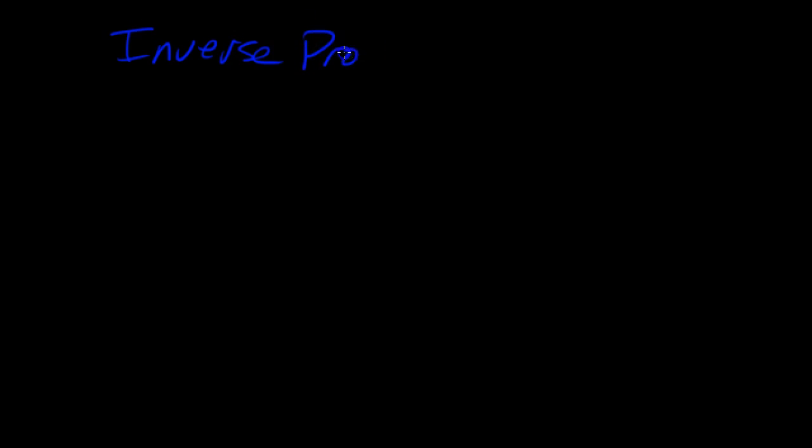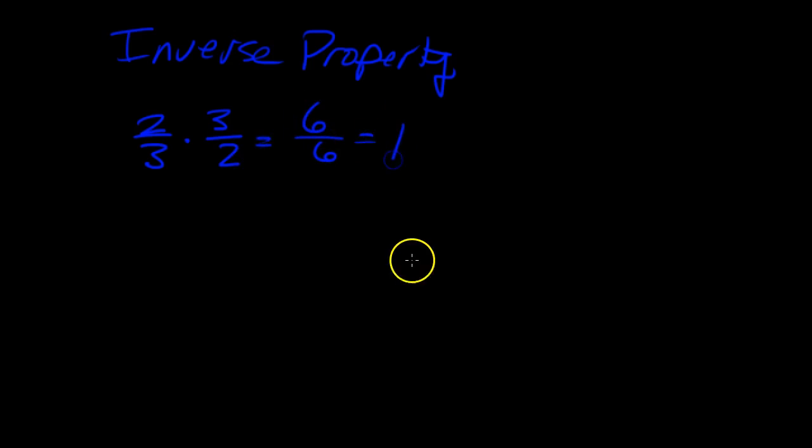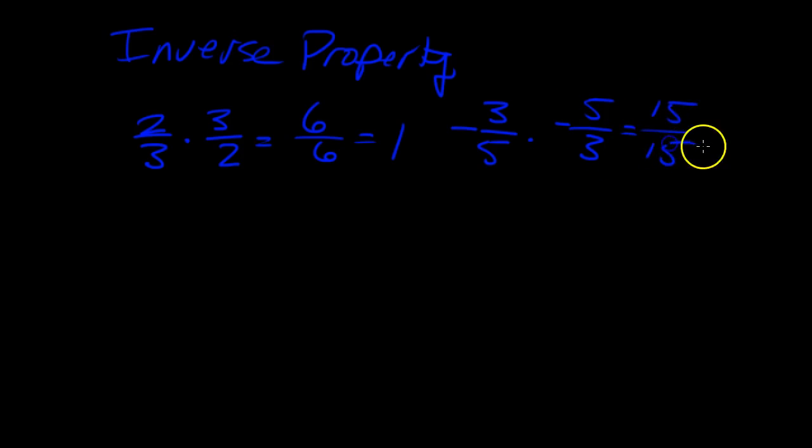So what we're saying here with inverse property for multiplication is any number like 2/3 times its reciprocal, in this case 3/2, always gives us 1. That even works with negative numbers. Negative 3/5 times negative 5/3 will give us a positive 15 over 15, which equals 1.